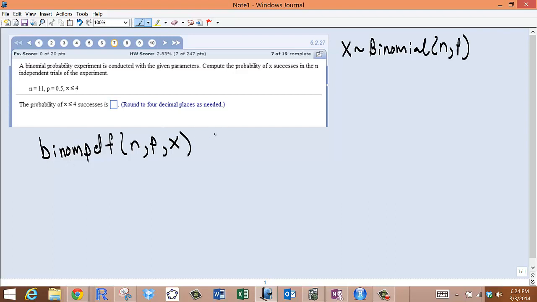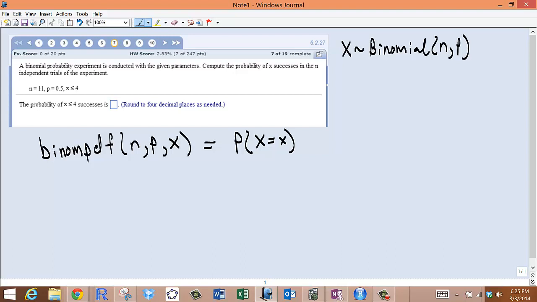Now what the binomial PDF gives you is the probability that the discrete random variable x is equal to some particular value. Okay, so these two are equivalent.